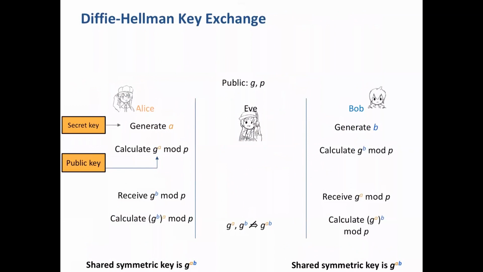Now more pictorially, let's see. This algorithm says that Alice generates a random secret key A, and Bob generates a secret key B. These keys are usually very large in size, around 2K bits or something like that, but smaller than p.